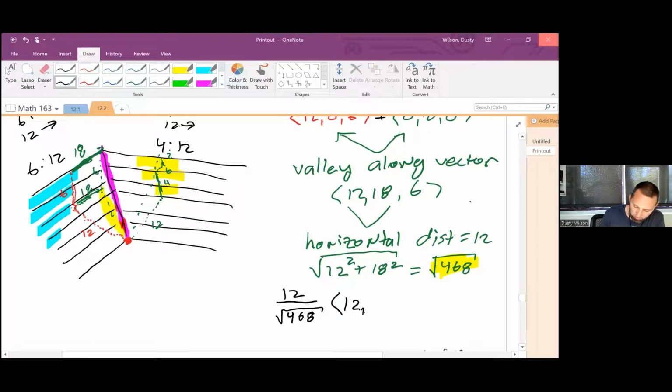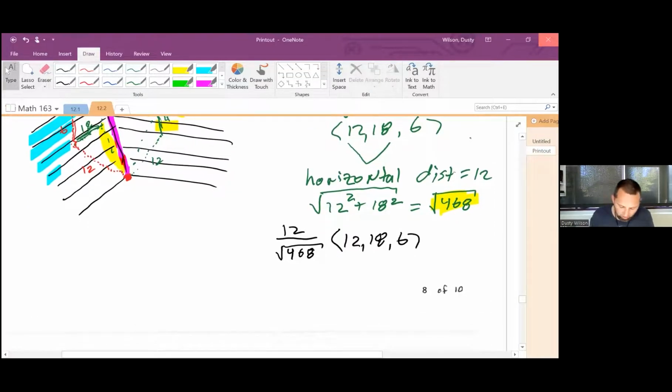It's 12, 18, 6. And this should give us a horizontal distance of 12 and a vertical distance of some number.